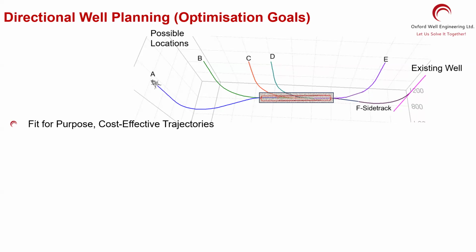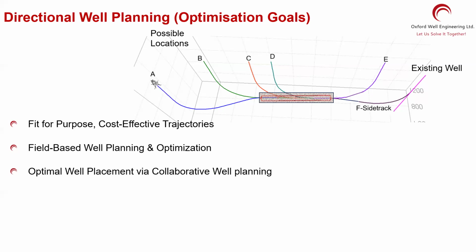Fit for purpose, cost effective, field-based well planning and optimization. You want to optimize the whole drilling campaign and place the well correctly so that it delivers the production. Collaborative well planning: get with the subsurface team, work with them collaboratively. Don't just do it in a silo, because whatever you do doesn't matter.